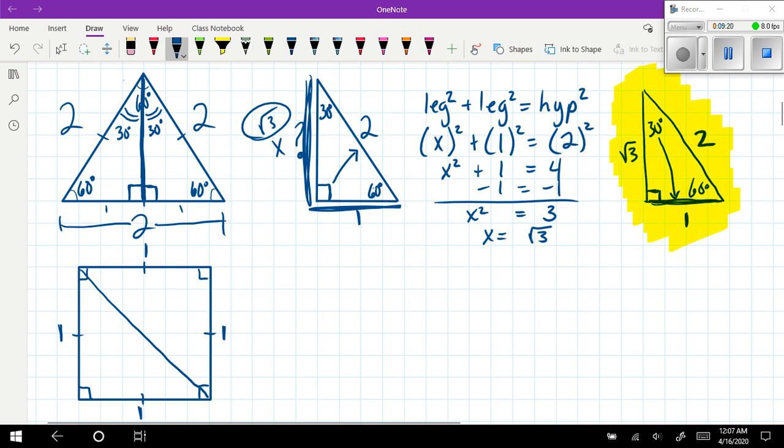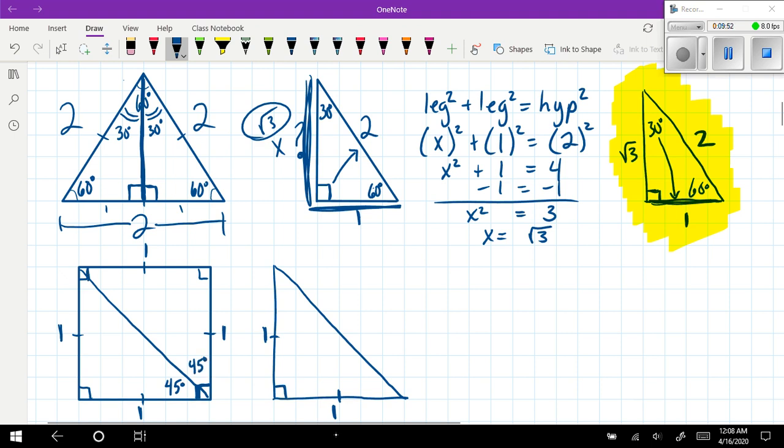And I'm just going to look at half of that square. Half of that square is going to be this triangle right here. So I'm looking at a 1 here and a 1 here. Notice the tally marks indicate the same lengths, congruent sides. And let me see what happens here when I take this 90 degree angle in this bottom right corner and cut it in half. This is going to become 45 here and 45 here.